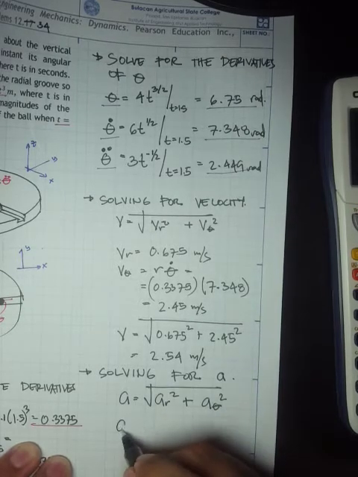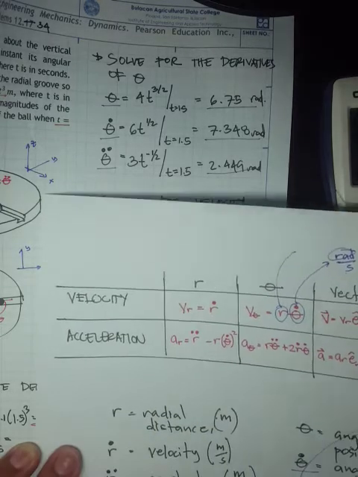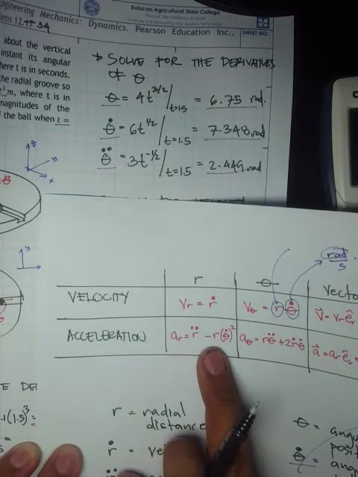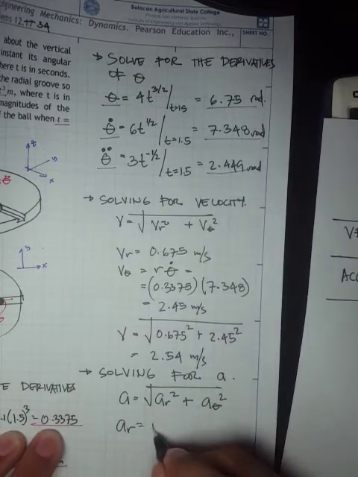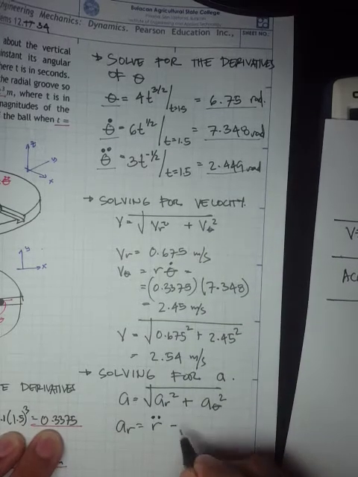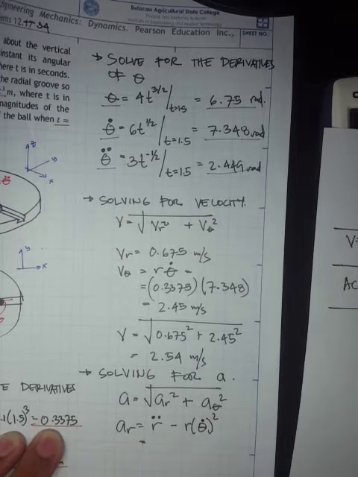Now what is ar? We have this r double dot minus r theta dot squared.